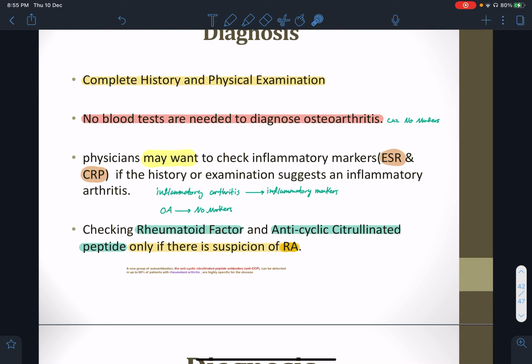Check rheumatoid factor and anti-CCP only if there is suspicion of rheumatoid arthritis.